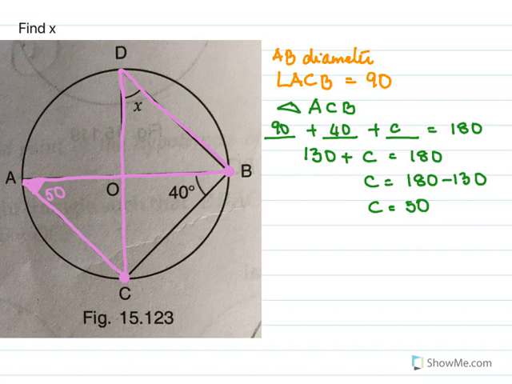So X also will be 50. Both these angles will be equal. So let's write that. So we have angle A equal to angle D, angle in the same arc. So we have X equal to 50.